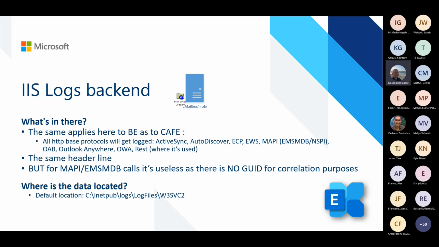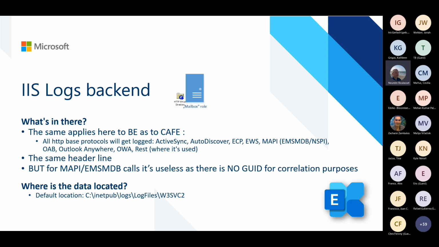For the IIS logs, the same applies as we've seen on the front end side. Everything goes in here: ActiveSync, Autodiscover, whatever. It uses, of course, the same header line, and the default location is typically W3SVC2.